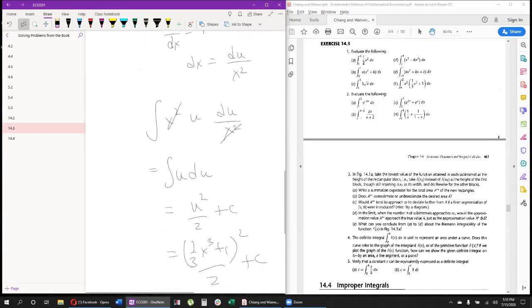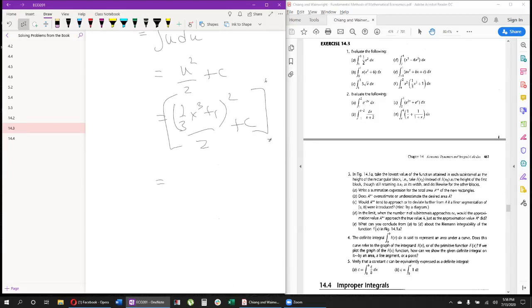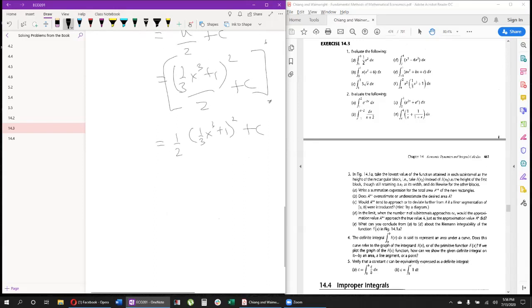Let me just simplify this and show you guys something. You can leave your answer like this if you want to, unless of course you have a range in which you have to plug the values in. But let's simplify this function a little bit and see what we get. So we have half times 1 by 3 x cubed plus 1 squared plus c.